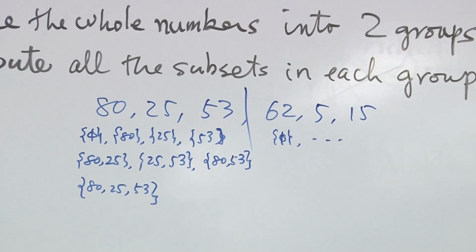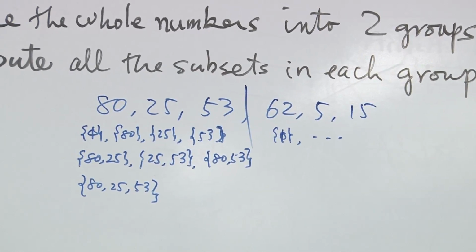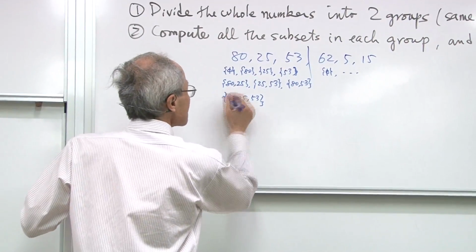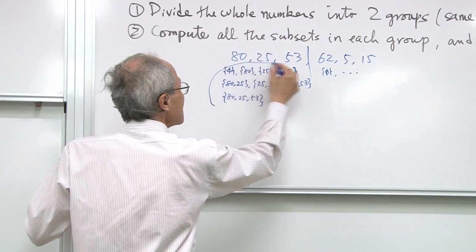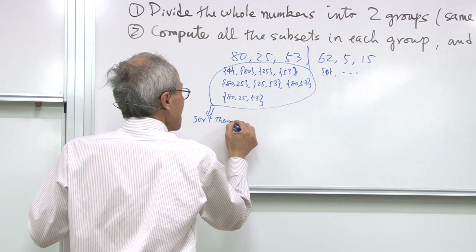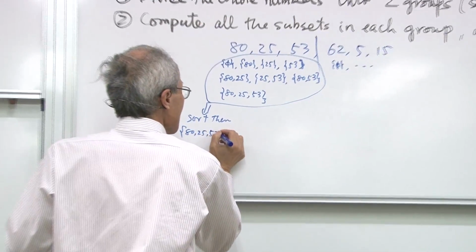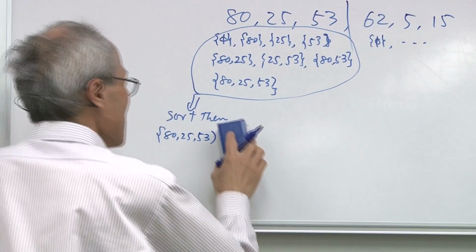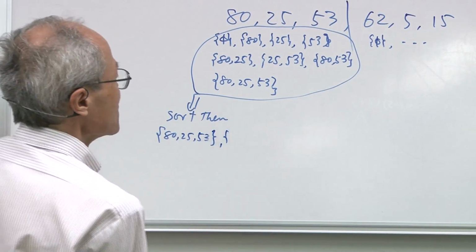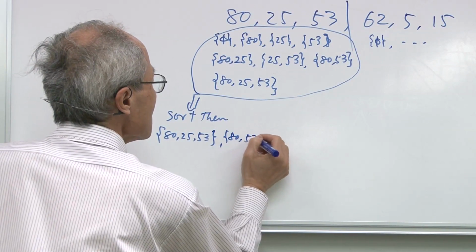Then sort them by the value, by their sum. Here, sort those numbers. 80, 25, 53 is the biggest sum. What's the second biggest sum? 80, 53.